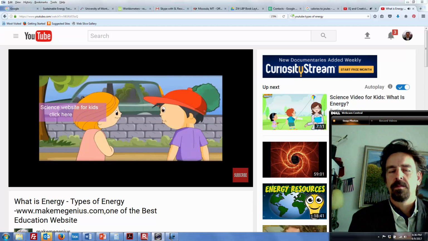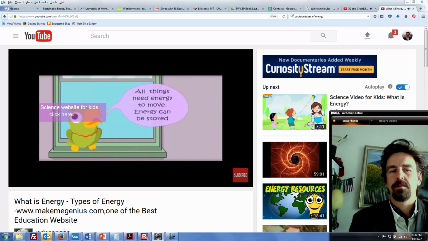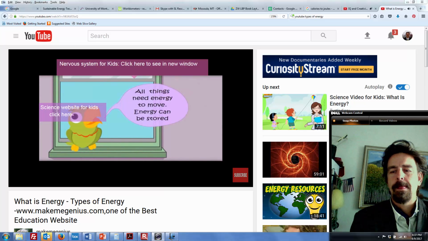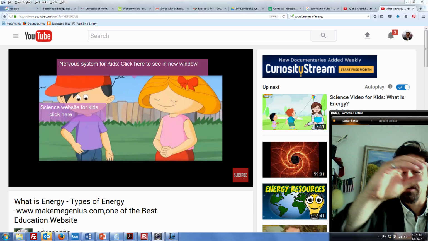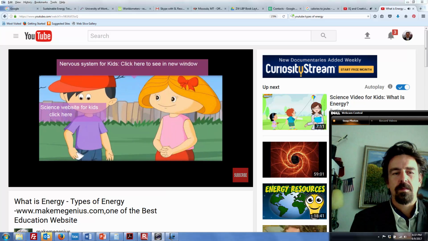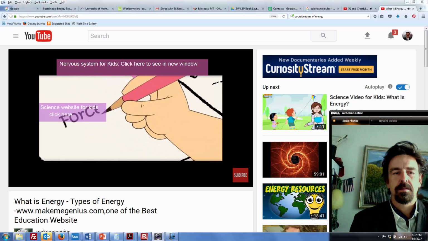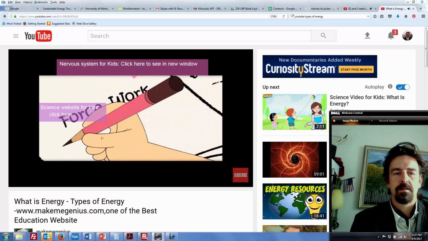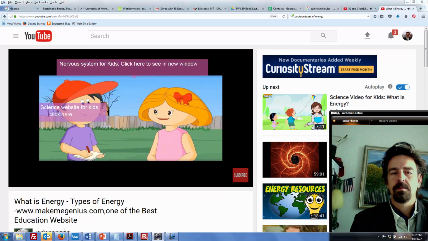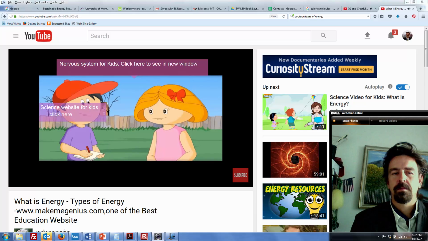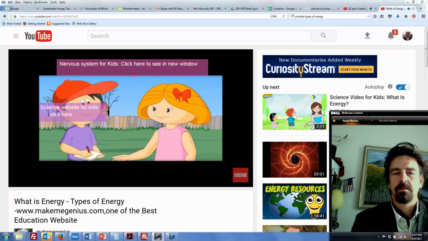Yes, energy can be stored, like in the petrol tank of a car. Moving is kinetic energy. Oh, I used so much force and energy, but very little work was done. Yes, Jenny, you applied a lot of force and used so much of your muscular energy, but you could only move a few things. Hence, less work was done.